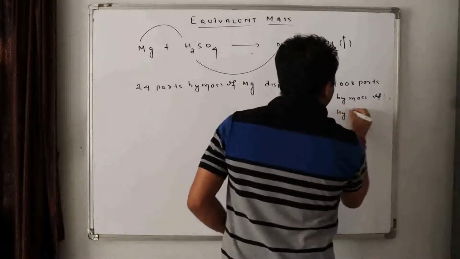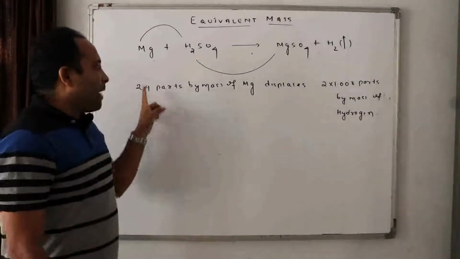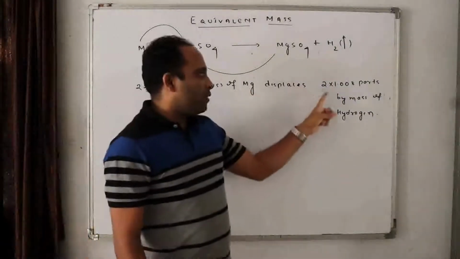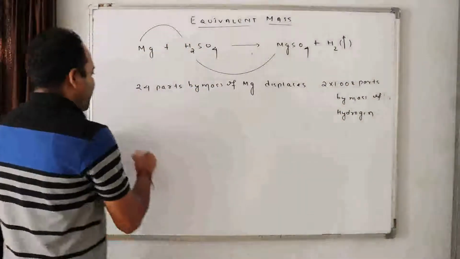Are you getting me? Here 24 parts by mass of magnesium displaces 2 into 1.008 parts by mass of hydrogen. Got it? Now, what did I find?